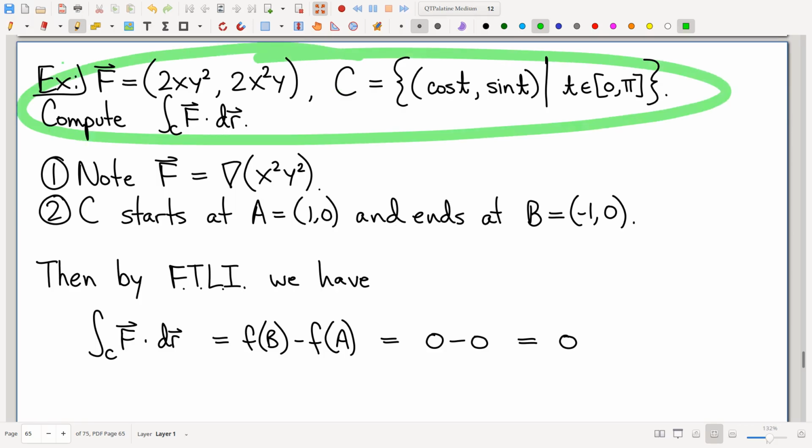Now, I've pointed things like this out in the past, and let me do so again just to remind you. Notice this question does not announce itself as being, hey, you should use the fundamental theorem of line integrals. Right? It just says compute this vector line integral. This could be a chapter 5 problem. On an exam, part of your job is going to be to look at a question like this, see that it says compute this thing, and decide which of several techniques you might use to compute it.